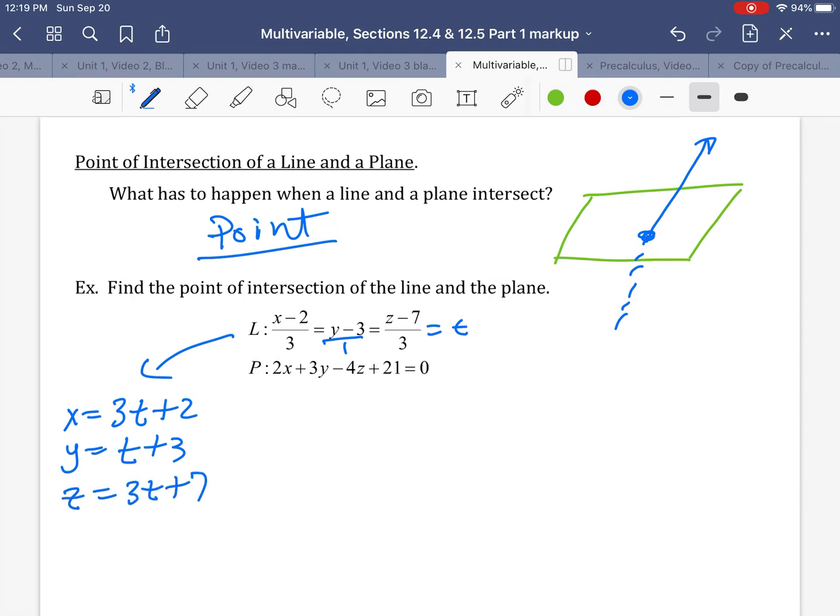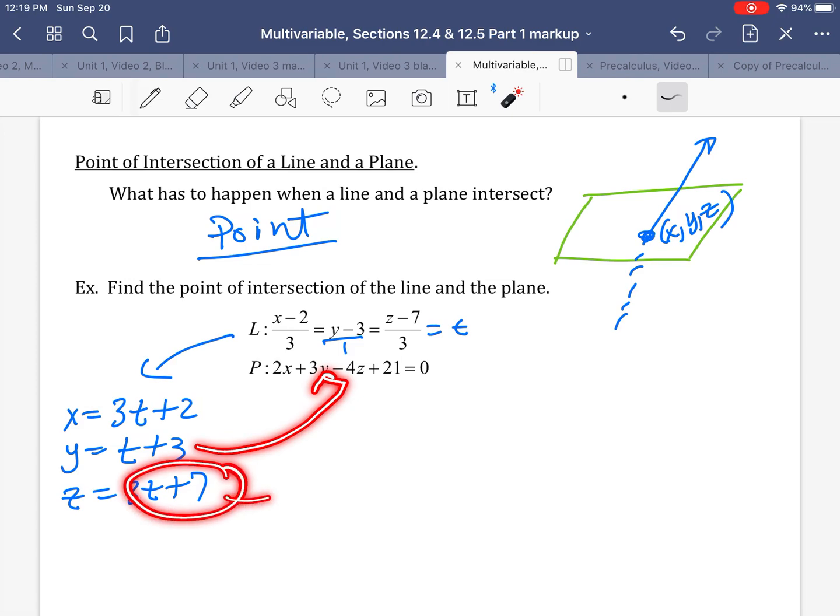All right, so think about it. A line and a plane are going to meet when their x, y, and z match at a certain point. So basically x has to equal this, so I'm going to put x right there. Y has to equal that, so I'm going to put y right there. And z has to equal this, so I'm going to put that right there. And when I put that in for x, y, and z, I'm going to have an equation with t, and then I'm going to figure out t, and plug it back into my 3 parts to find my point.